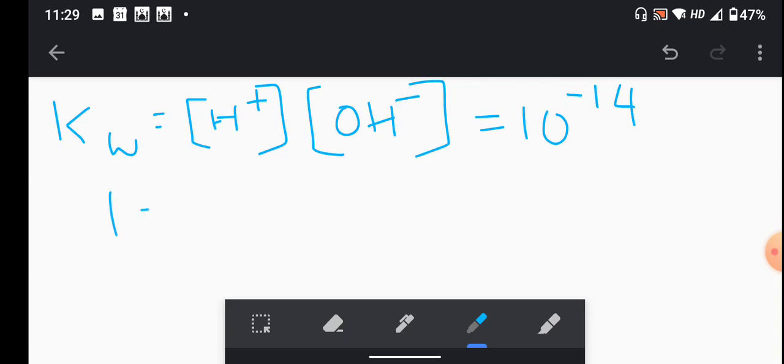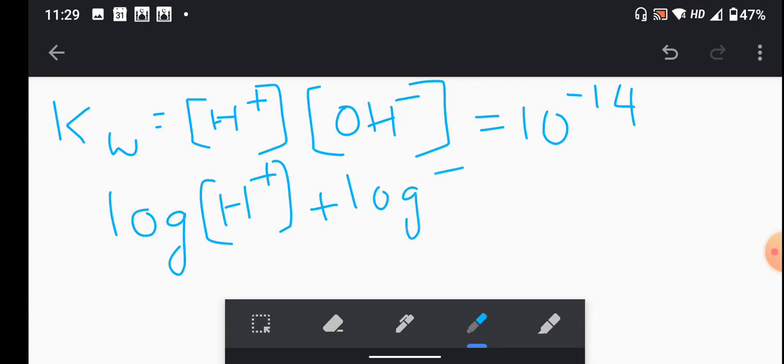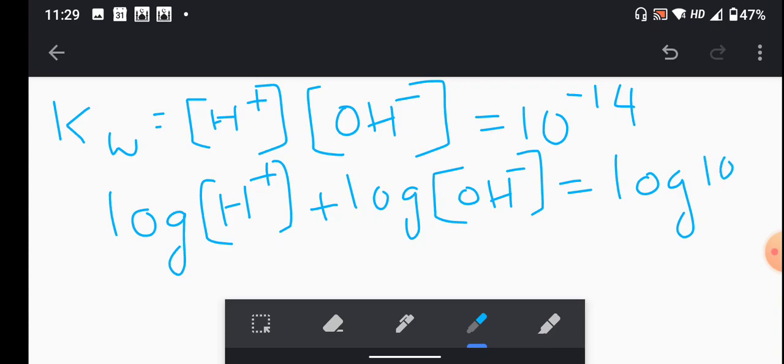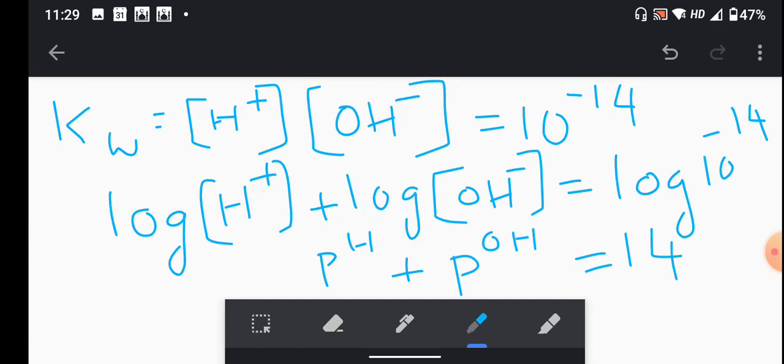So log concentration of H plus plus log concentration of OH equals log 10 to the power minus 14. That is, pH plus pOH equals 14. Clear?